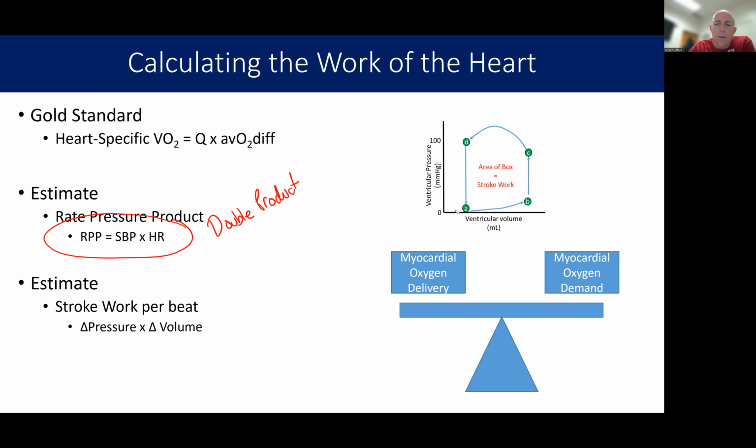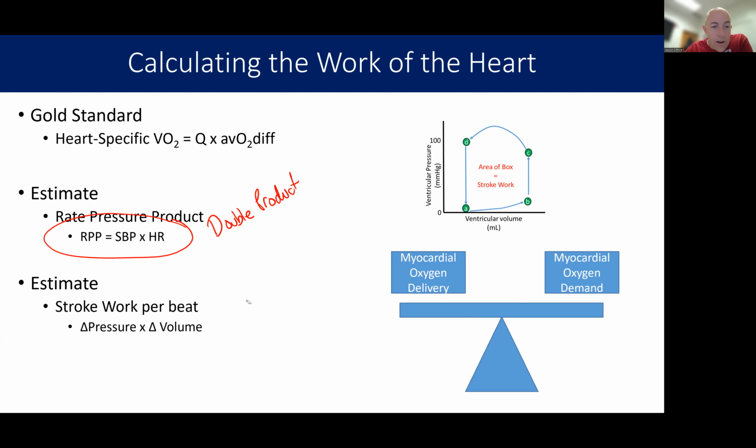So you don't have to know these pressure volume loops for this class, but in a lot of medical professions, they estimate the work of the heart by something called stroke work, which is just the change in pressure times the change in volume, or the area of this box. It's an estimate, but it's not a perfect estimate of the heart.